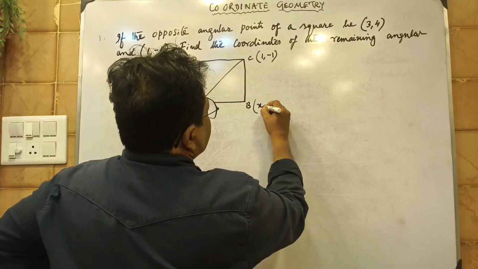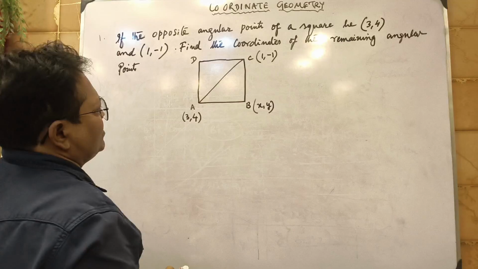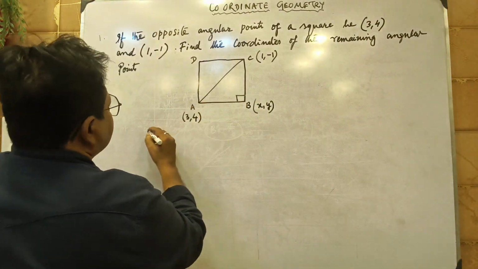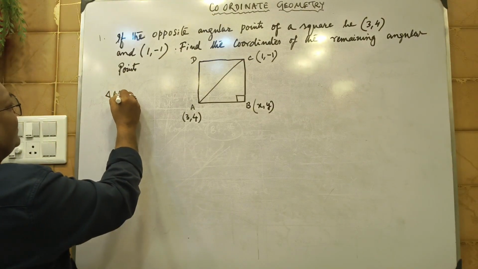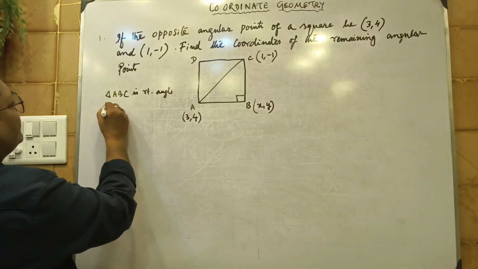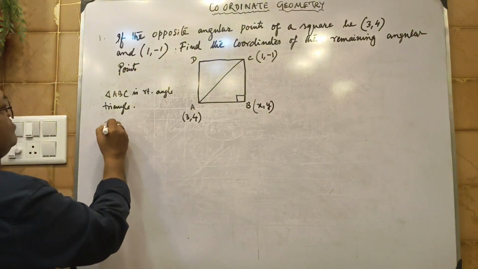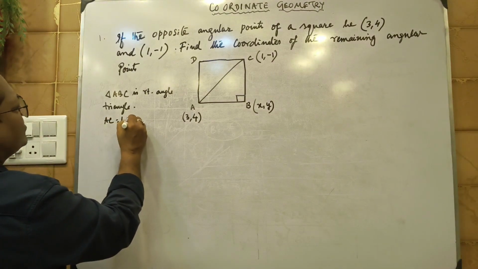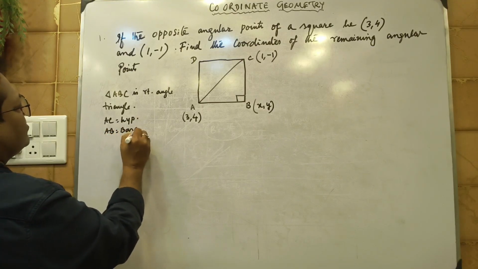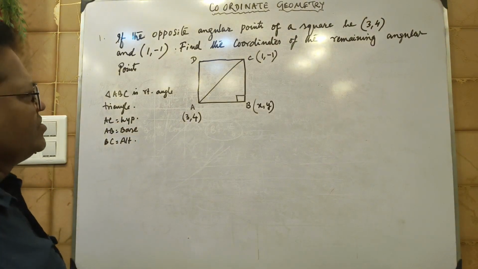So suppose the coordinates of B be x, y. Then triangle ABC is a right angle triangle, where AC is the hypotenuse, AB the base and BC the altitude.